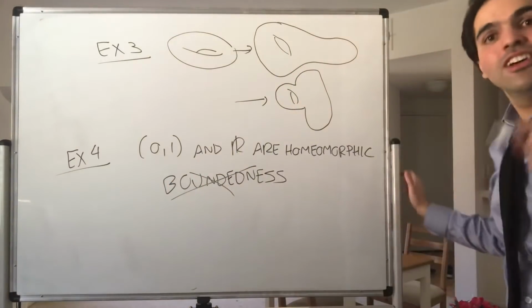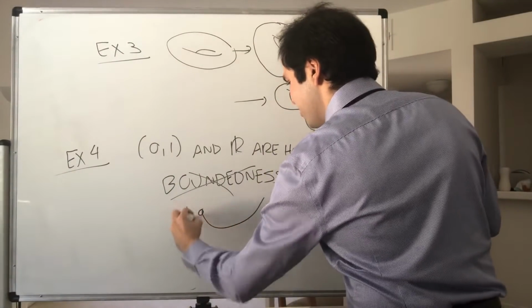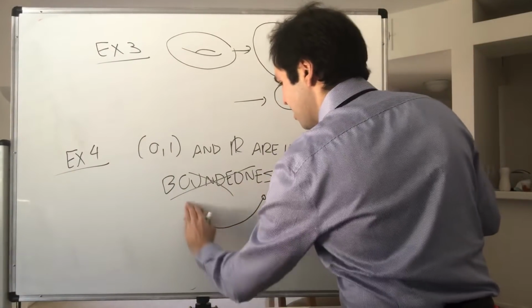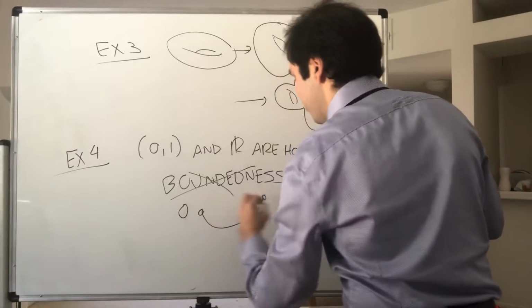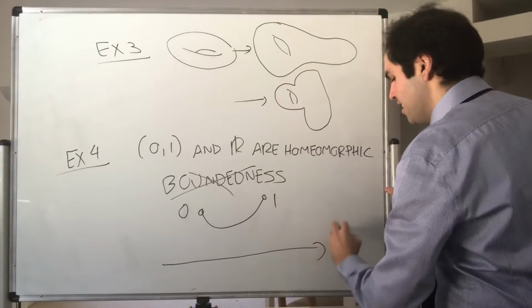And here's the cool proof, which I really like. Suppose you have the interval (0, 1). Bend it a little bit that way. That's fine, that's a homeomorphism. And this is the real line.